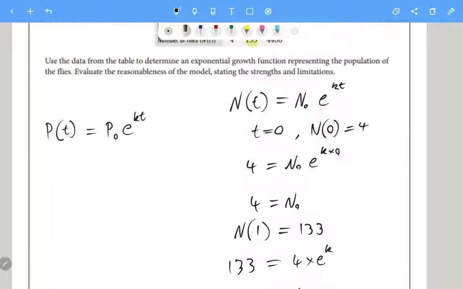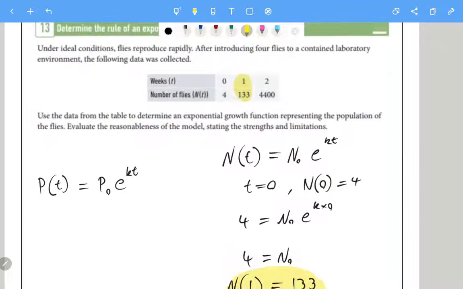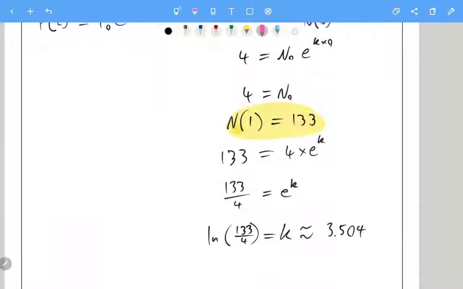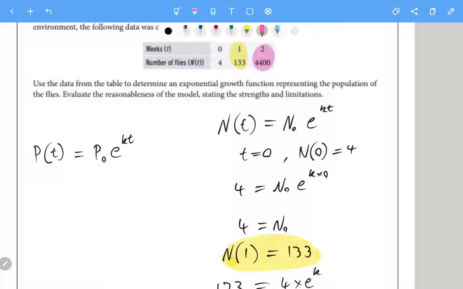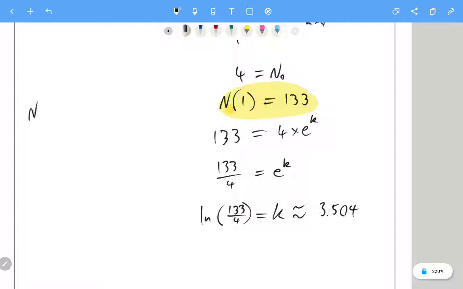But that was choosing this point here, right? I chose this point, but I actually have another point that I could have chosen. So let's try that one instead. So instead of n of 1 equals 133, let's do n of 2 equals 4,400. Alrighty, we would get 4,400 is equal to 4 times e to the k times 2.